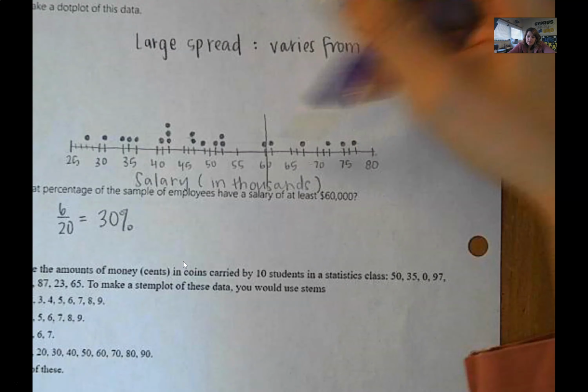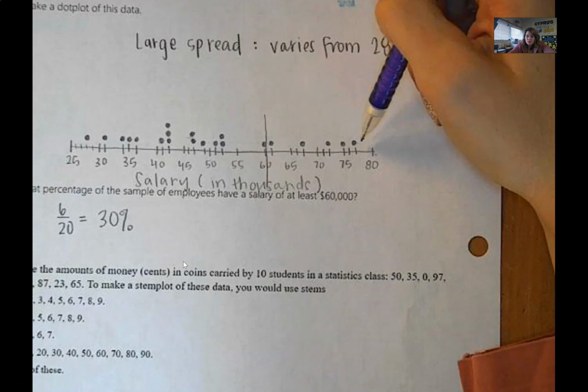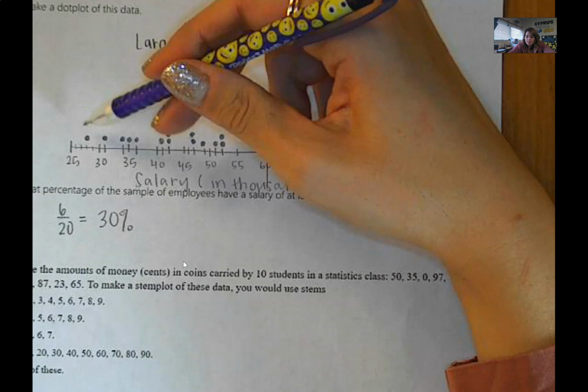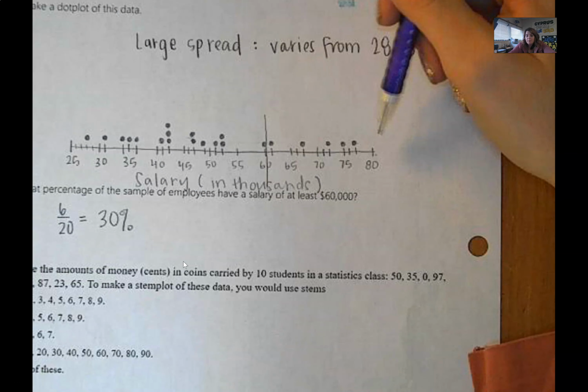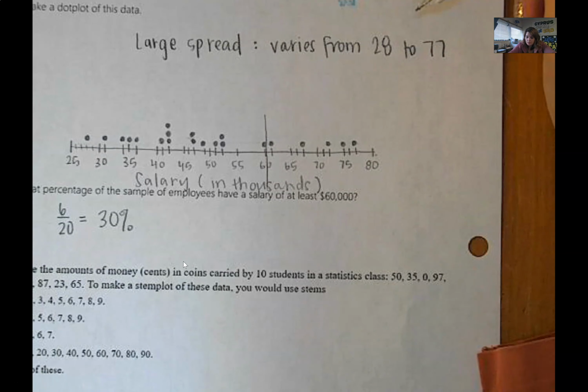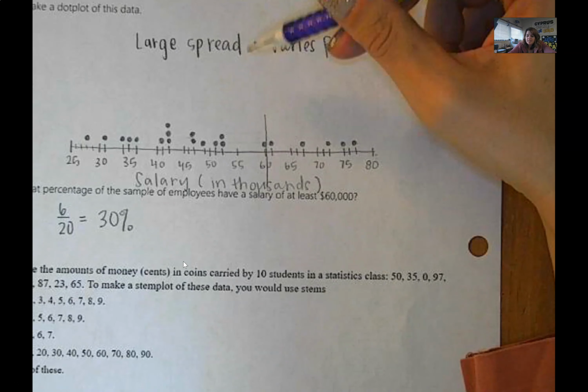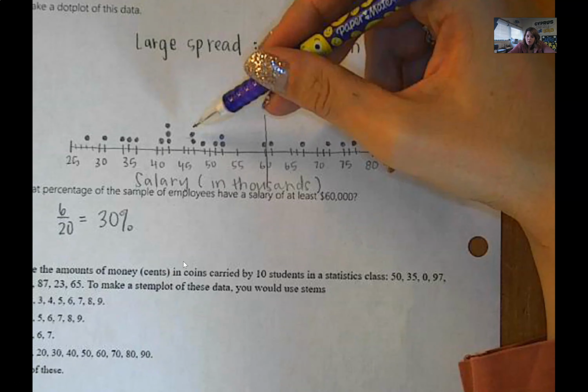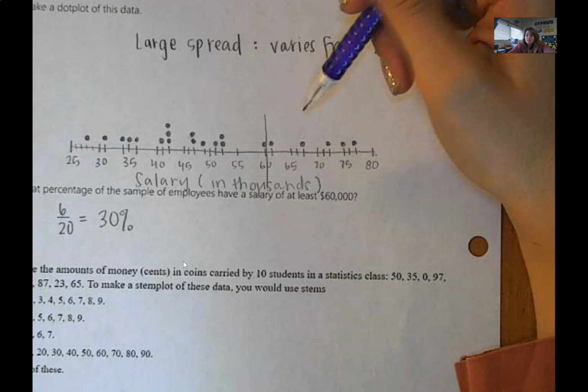And because the spread is so large, it's making it so that the shape, there really is no discernible or distinguishing shape about this data set. So that's shape.